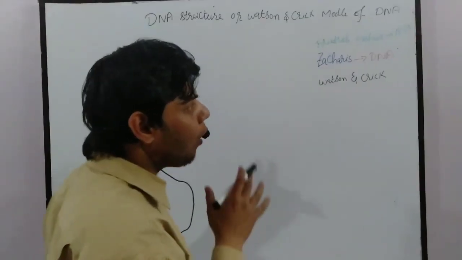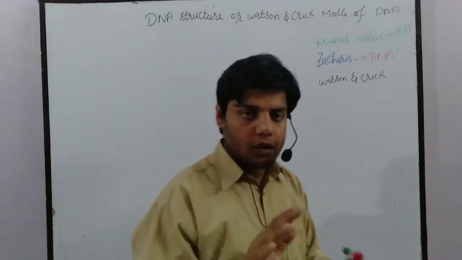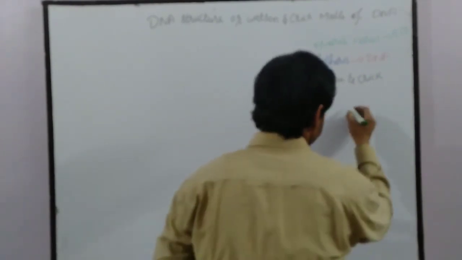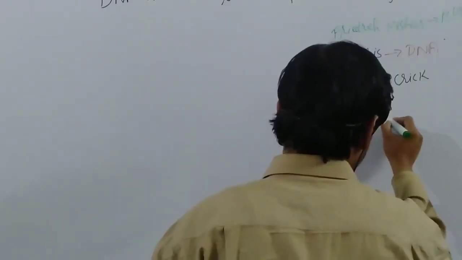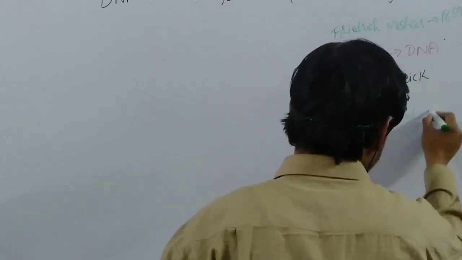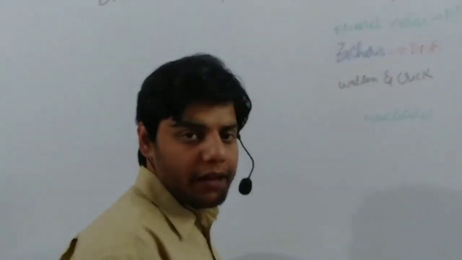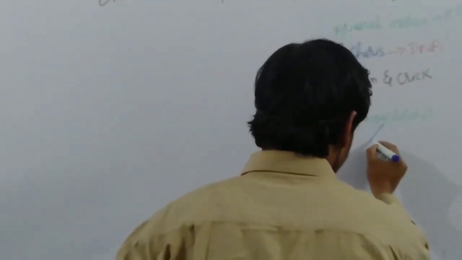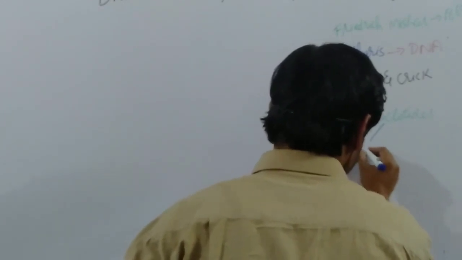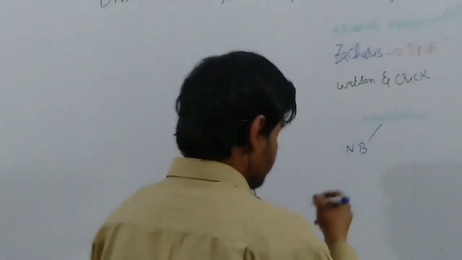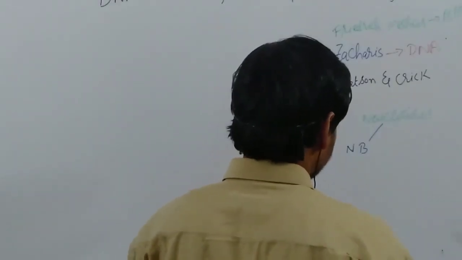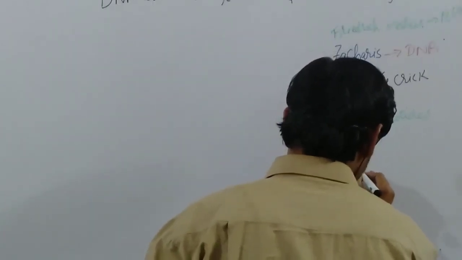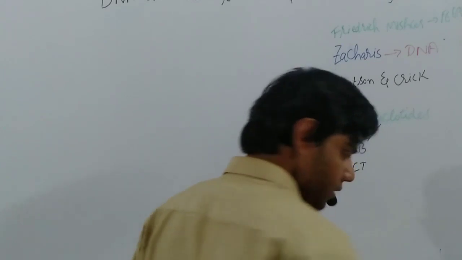Now, how exactly will the DNA look? Remember, in DNA we have nucleotides. In the nucleotides of DNA, the nitrogenous bases are adenine, guanine, cytosine and thymine.